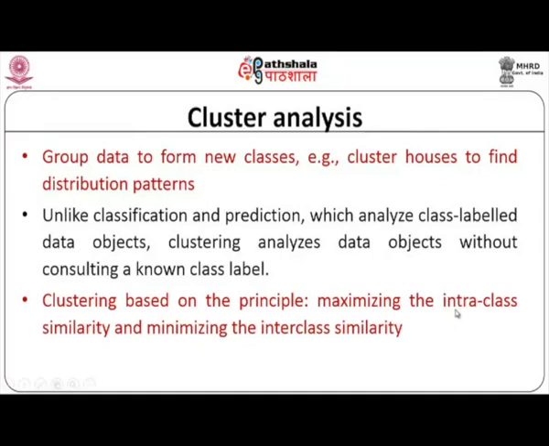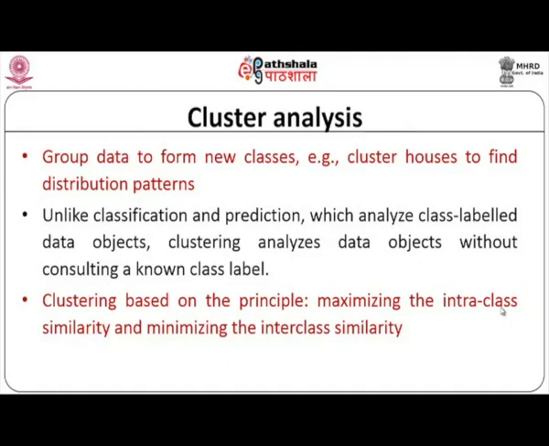What principle is actually used in clustering processes? We make use of the principle of maximizing the intra-class similarity and minimizing the inter-class similarity. Intra-class similarity is the similarity within a particular group, and inter-class similarity is the similarity among different groups. When we take a particular group, the similarity within the group must be very large.